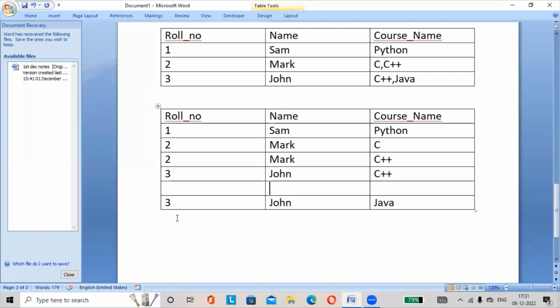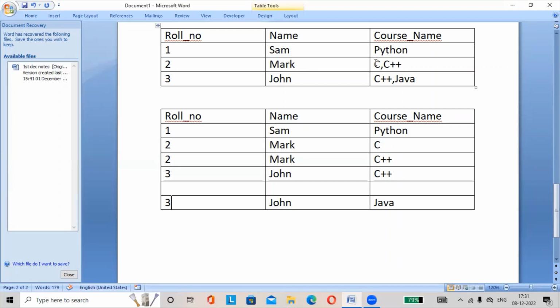Once again, shall I repeat? Actually, we have considered one table. It contains how many columns? 3 columns: roll number, name, course name. So roll number 1 is Sam. His course is Python. Roll number 2, Mark. His course is C, C++.